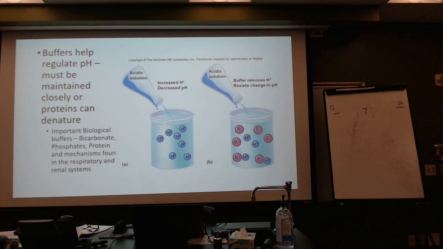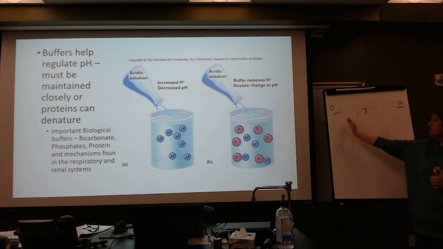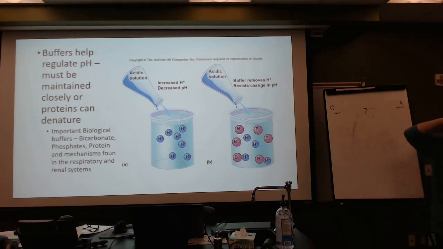Any movement on this scale, if we're looking at the H pluses being acidic, any movement like from 7 to 6 to 5 to 4 to 3, it increases by a factor of 10.